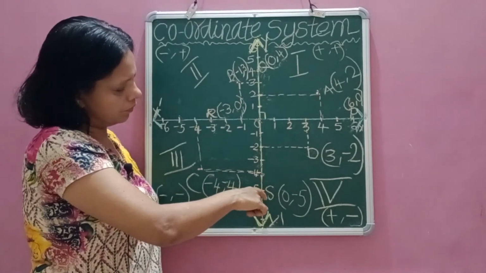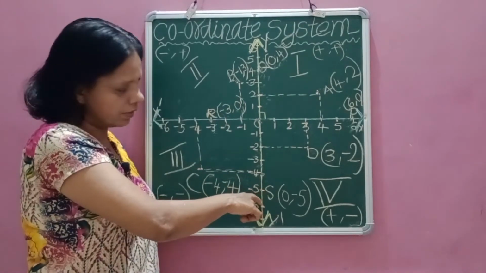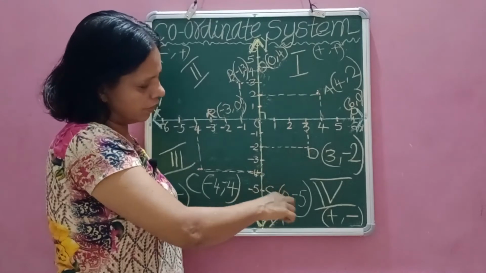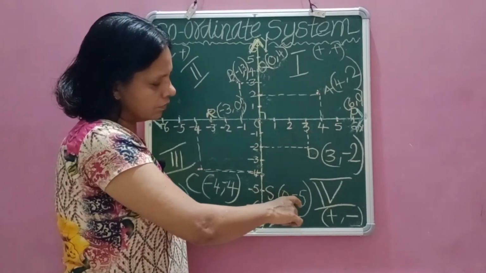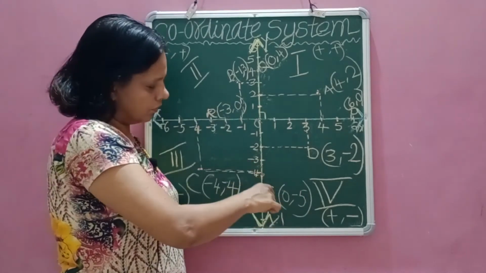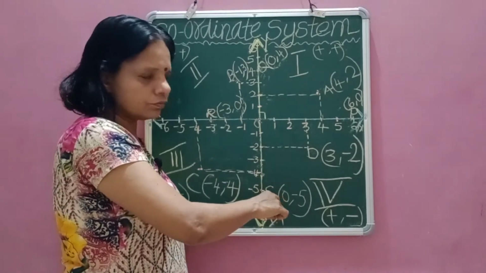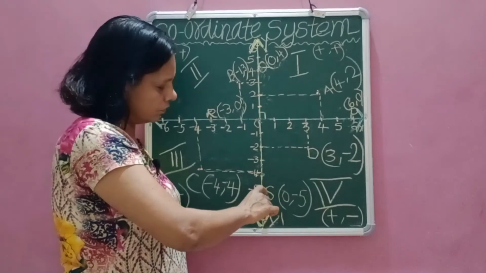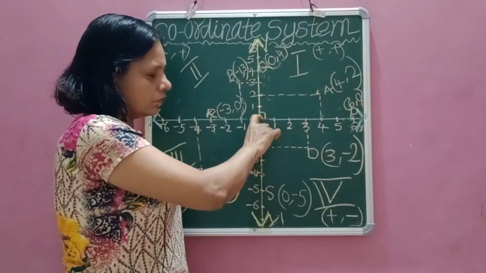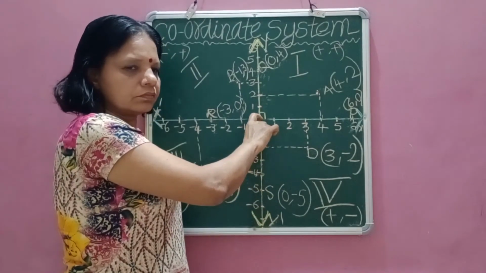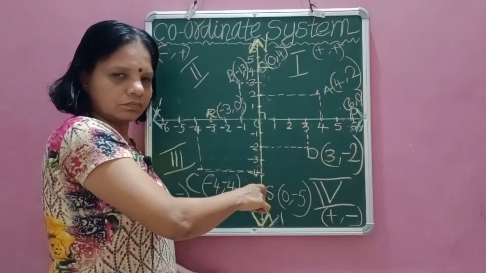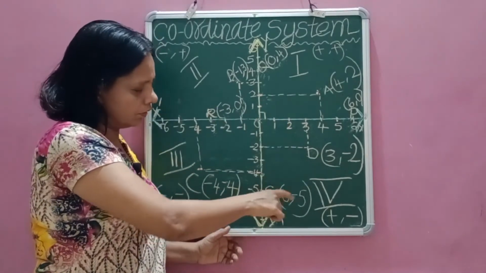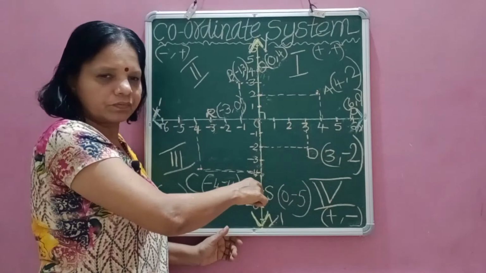Similarly, another point on y-axis is in brackets, see the coordinates (0, -5). When you have to find the y-coordinate, you have to draw a perpendicular to y-axis.